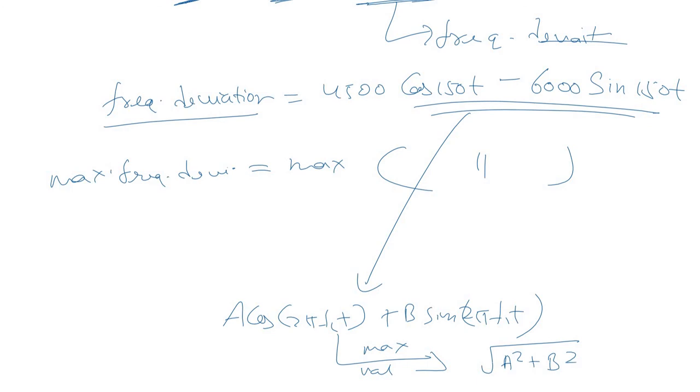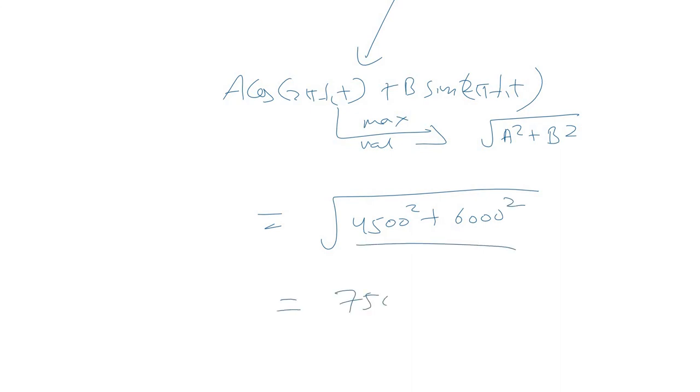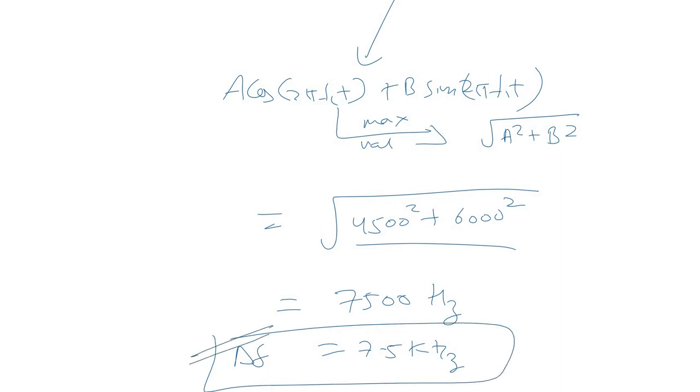So the maximum frequency deviation is the square root of 4500 square plus 6000 square, which simplifies to 7500 hertz, that is 7.5 kilohertz. This is the maximum frequency deviation, considering this modulated signal as a frequency modulated signal.